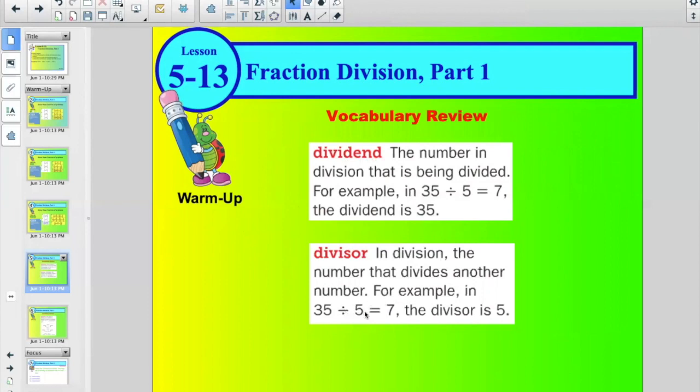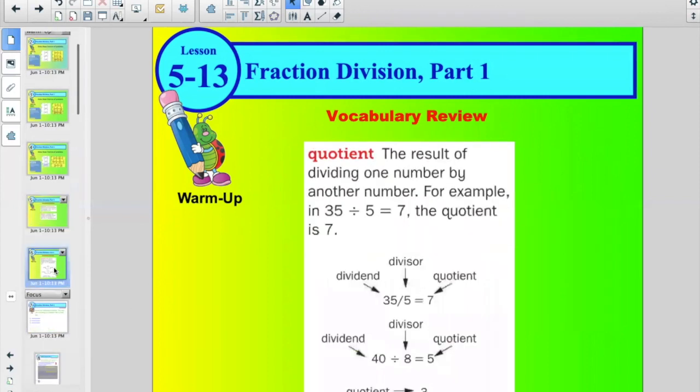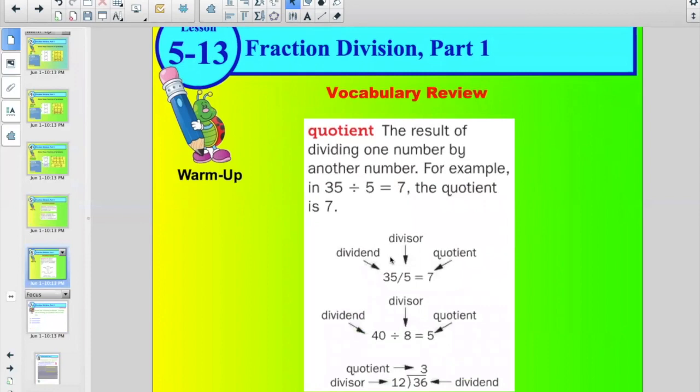So in 35 divided by 5 equals 7, the divisor is 5. And the quotient. The quotient is the result of dividing one number by another number. So, for example, in 35 divided by 5 equals 7, the quotient is 7. It's the answer to the division problem. Here's a few examples that show it using different division notations.